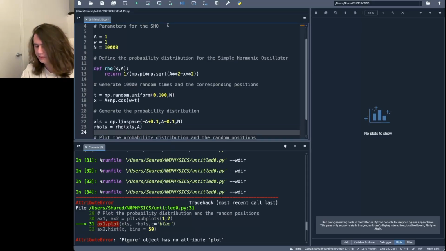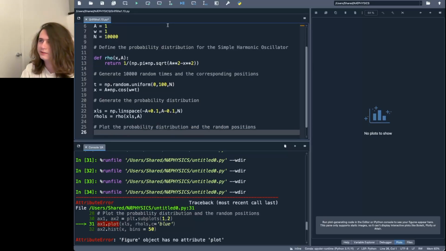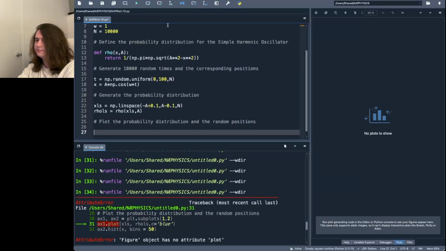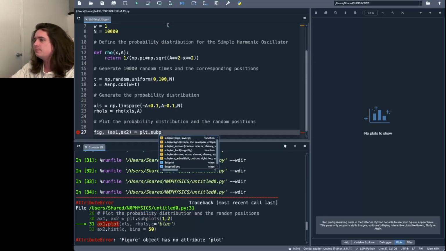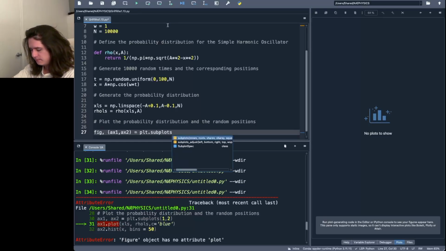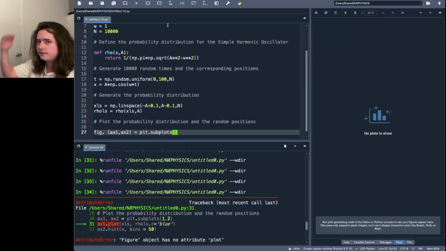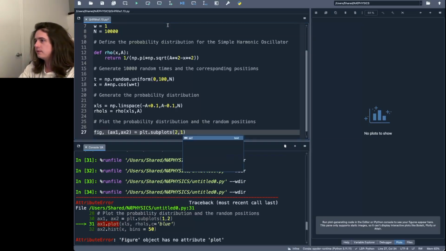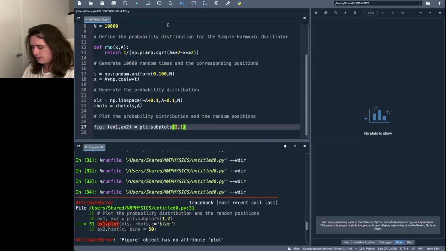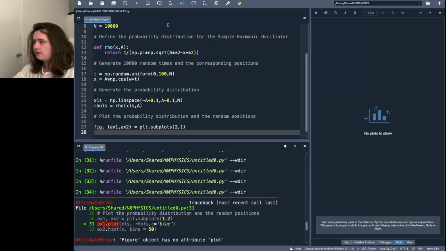And then we want to plot these now. The best way to plot these is on the same figure, so we're going to create subplots using the subplots function within matplotlib, and we're going to stack them, one graph on top of the other. Let's just generate the first graph.